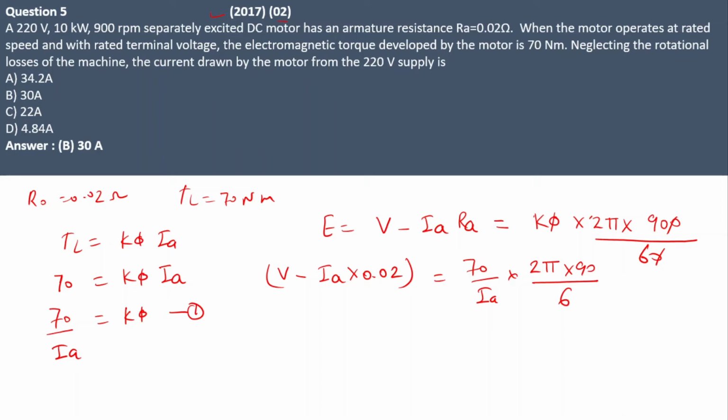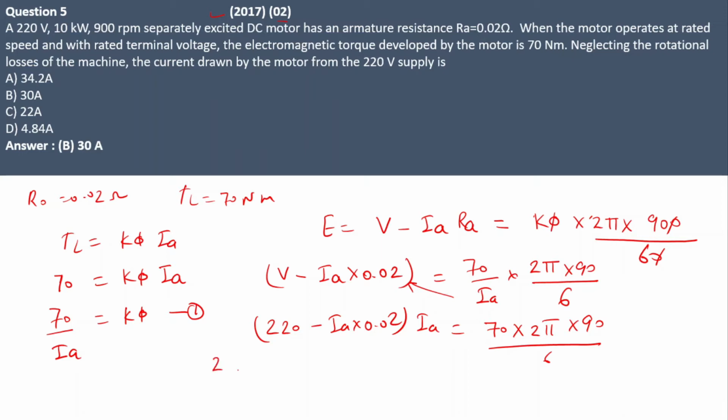So V is 220 volt. 220 minus Ia into 0.02, Ia equal to 70 into 2 pi into 900 divided by 60. I have multiplied by Ia here: 220 Ia minus 0.02 Ia whole square equal to 70 into 2 pi into 900 divided by 60.